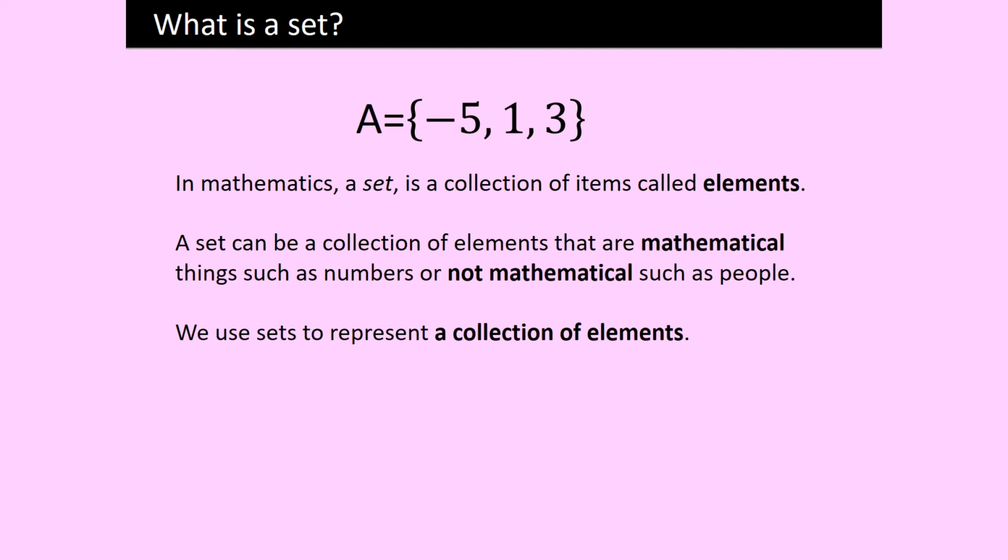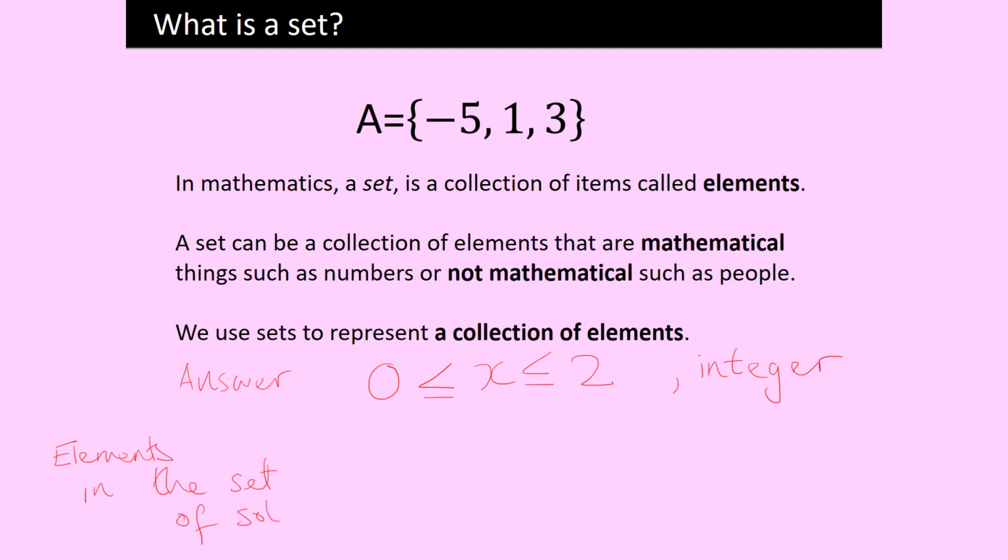Say our answer was x is less than or equal to 2 or greater than or equal to 0, and it was an integer. So what are the possible elements in the set of the solutions?